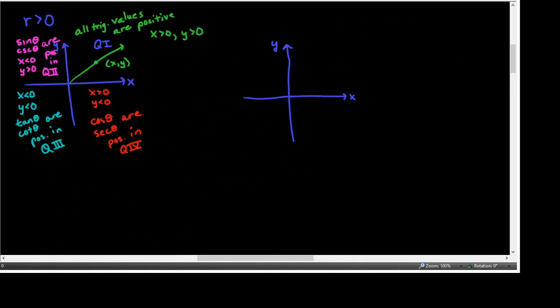So this is going to be which functions are positive in each quadrant is kind of the name of this little bitty thing I'm going to create for you. Like I said, it's kind of silly, but if it helps you and you get things right because of it, I suppose it's worth it.